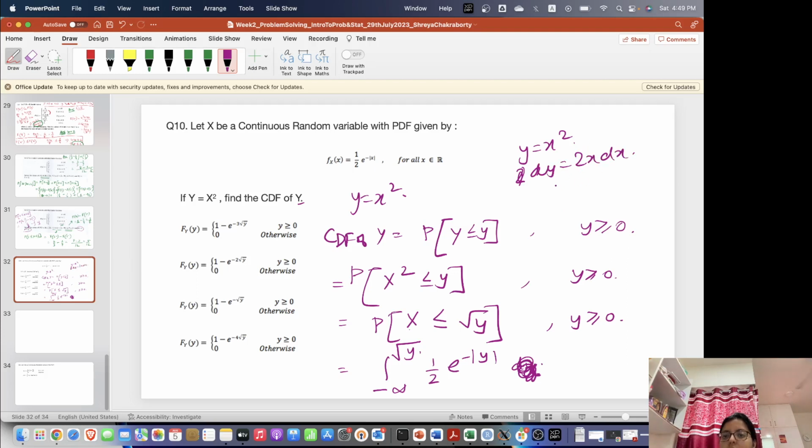So this Jacobian will be del old by del new, so it will be dx by dy, which is 1 by 2x, that is 1 by 2 root y. So that we have to substitute over here.